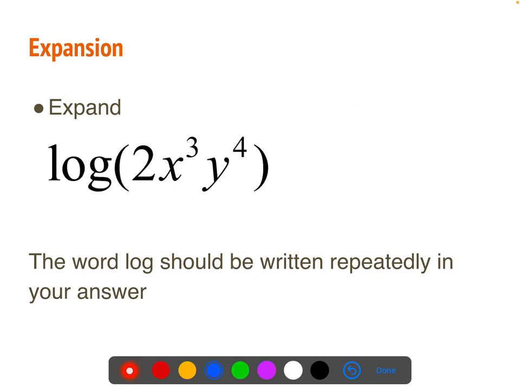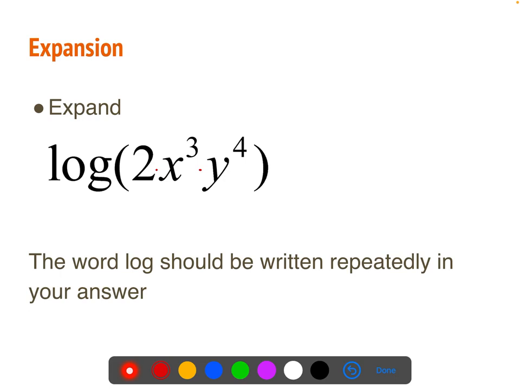So our first example. We have log of 2x cubed y to the 4th, and we want to expand it. Expand means we want a bunch more word logs, if that helps you any. So I'm going to look at this and I say this is 2 times x cubed times y to the 4th. So that's times.